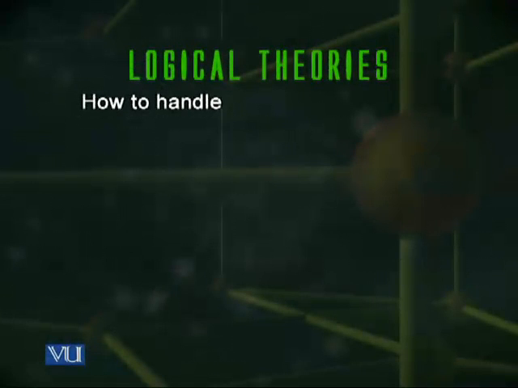Let's see how to handle universally quantified formulas. Let us start with the formula phi, which is equal to for all xi psi, and psi is a smaller formula. So the variable xi is a bounded variable and the quantifier associated with it is the universal quantifier.